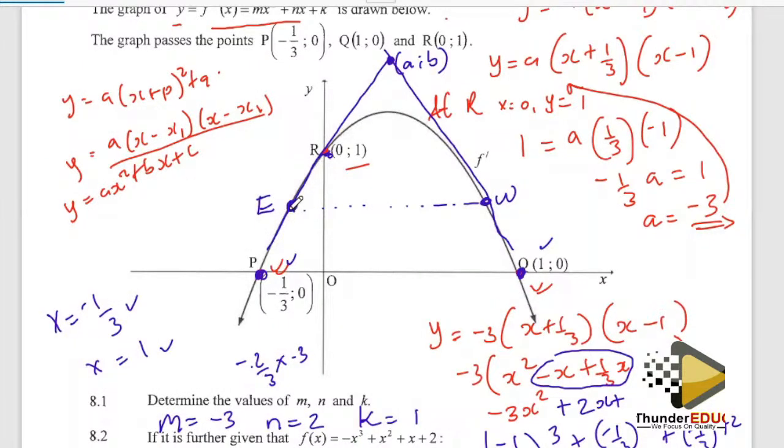What I'm saying is that if this line was just meant to continue, I can look at this one and then the negative 1/3. But since these two are meeting, this has to be half of this. So negative 1/3 plus 1, and then I can divide by 2 since it's horizontal.